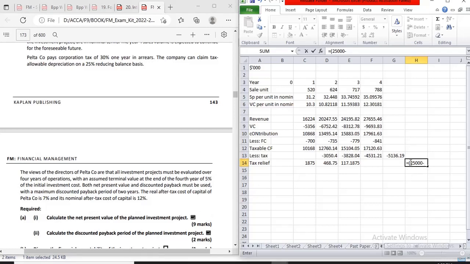The initial investment is 25,000, payable immediately, as the question says, and the residual value is 5% of this initial investment. So let's calculate the total tax relief we will get on this investment.